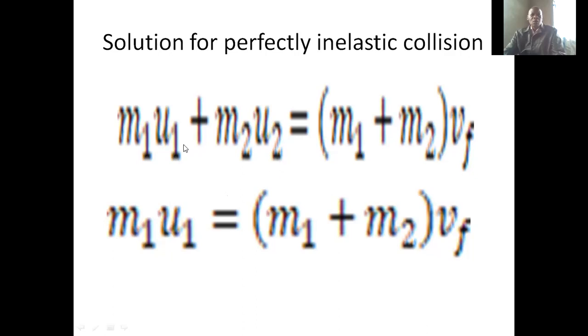So mass 1 multiplied by initial velocity 1 plus mass 2 multiplied by initial velocity 2 will be equal to the addition of the two masses multiplied by the common velocity, since they move together. And velocity 2 was 0 because mass 2 was at rest. This is the version of the equation that we come up with.